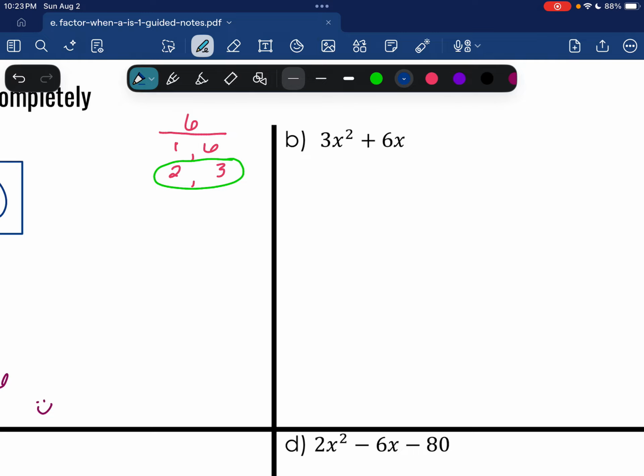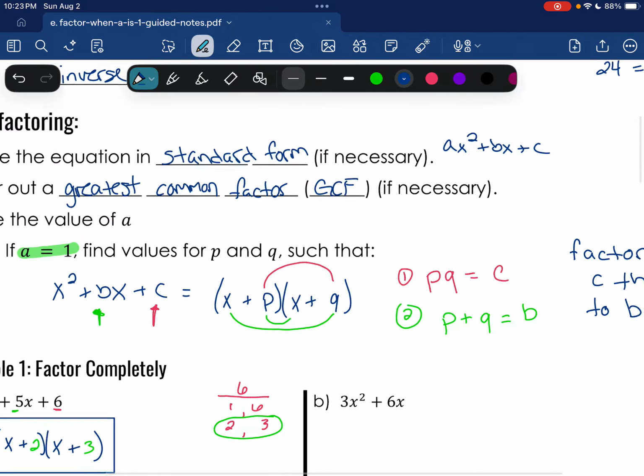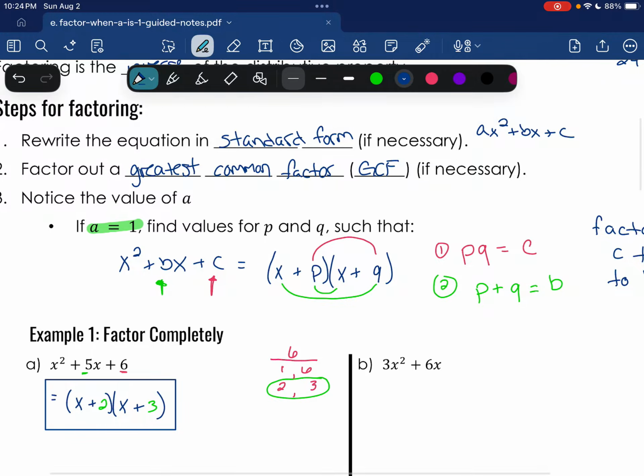because it's helping us make sure we are thinking about these first couple of steps before just jumping into that factoring pattern with P and Q. So is this in standard form? Yes, it's missing its constant term, but for what we've got, it is written right, highest power on x to lowest. Now, let's check for greatest common factor.